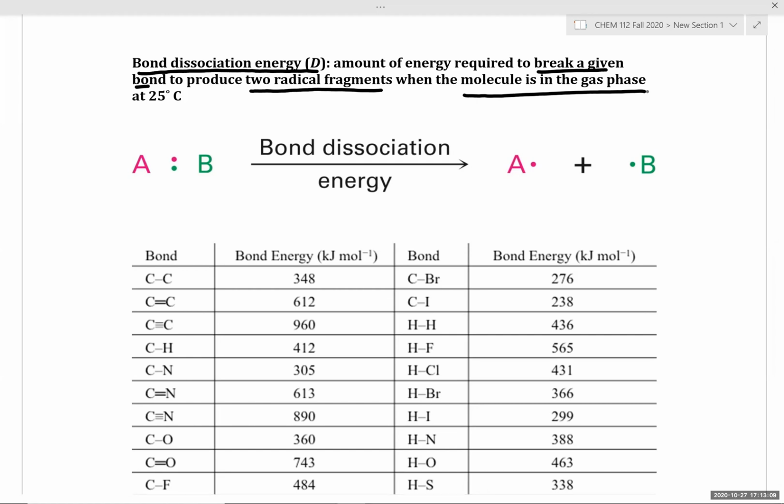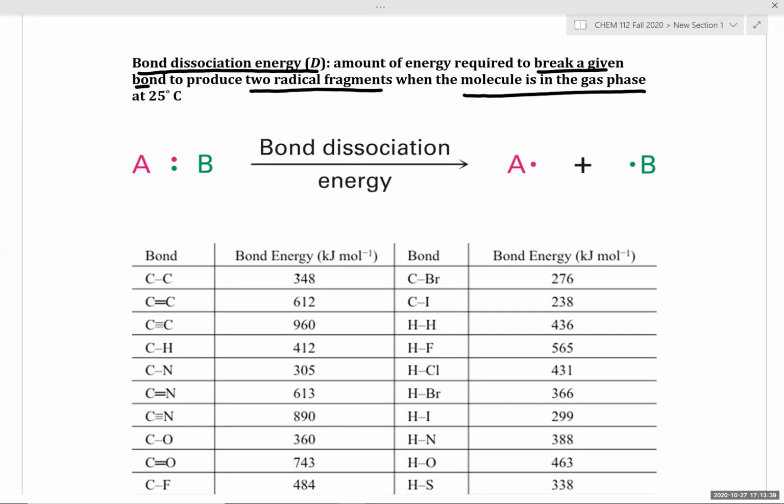It won't give us a 100% exact reaction enthalpy, because bond enthalpies can change a little bit depending on your structure, but it gives you a nice approximation for the amount of energy required to break a bond in a radical-like process, and it can be used to estimate the overall reaction enthalpy utilizing Hess's law.